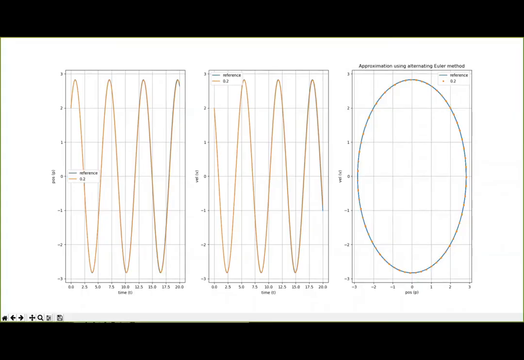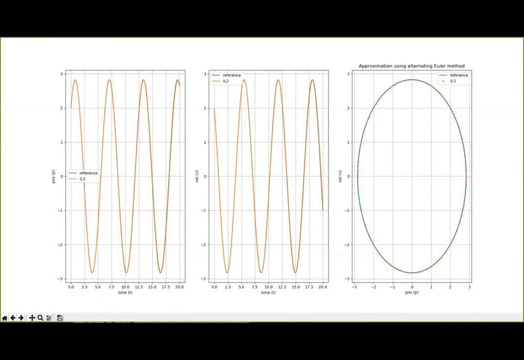Our theoretical results suggest that alternating between explicit and implicit methods might be a good way to obtain energy preservation on a discrete level. And our numerical results confirm this, at least for the harmonic oscillator. Depicted here are the reference solution for the harmonic oscillator with frequency parameter omega equal 1 and start position 2 and start velocity 2.